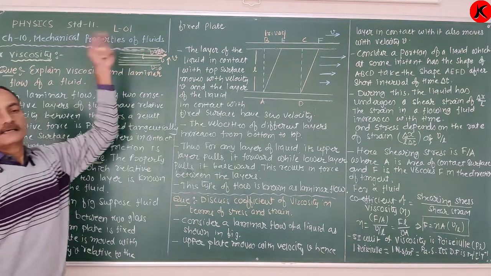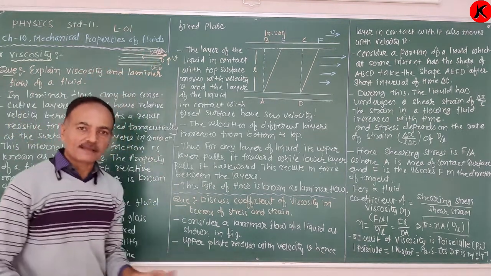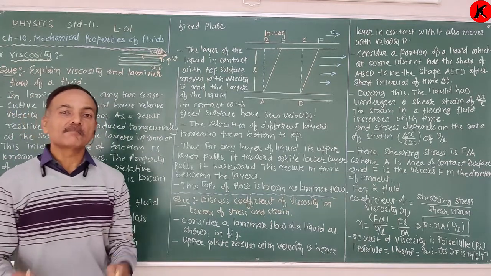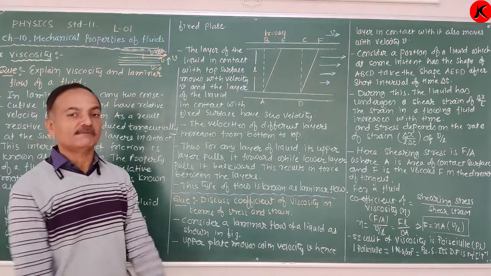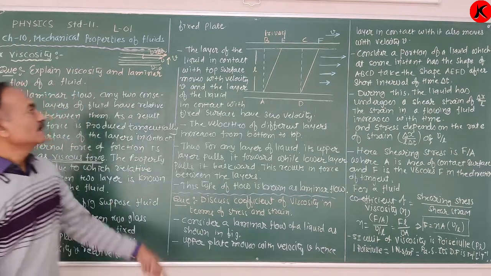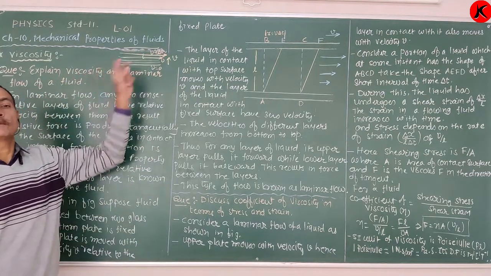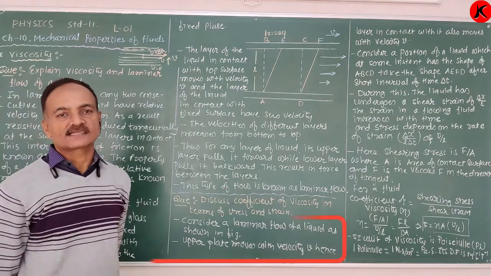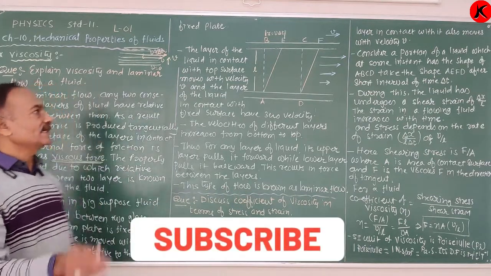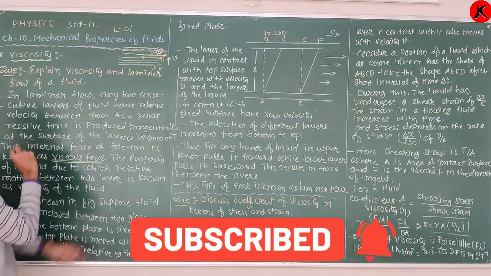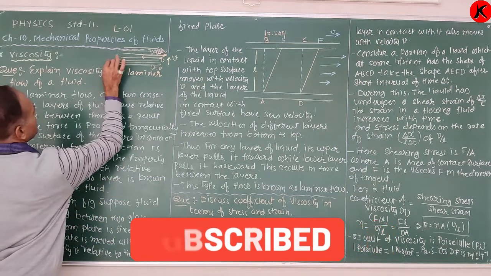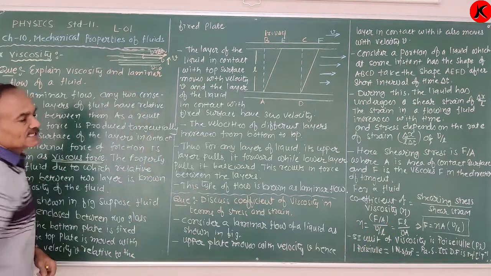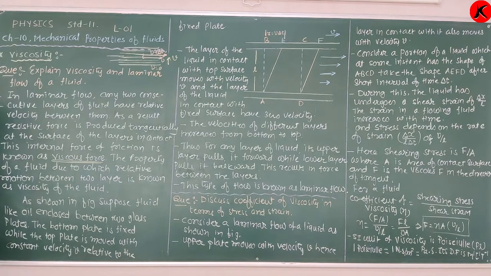Now here, the flow of the fluid does not take place as an entire bunch of material flowing with the same velocity. But the different layers of the fluid slide over each other. At that time, the two consecutive layers have a relative velocity between them.